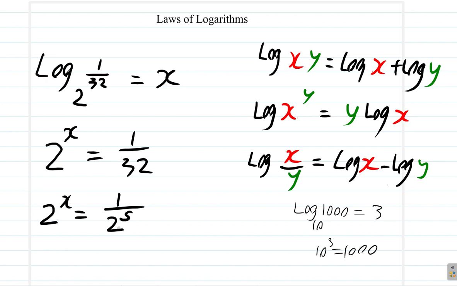Now you remember your indices? Suppose you have 1 over 2 to the 5. What is that equal to? Remember, we looked at, for example, using a different number, 2 raised to the negative 2 is the same as 1 over 2 to the positive 2. Or 2 to the negative 3 is equal to 1 over 2 to the positive 3.